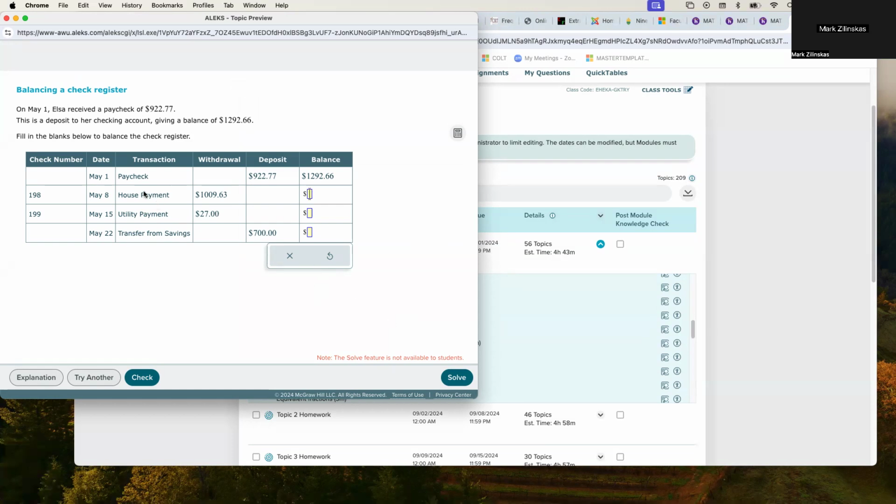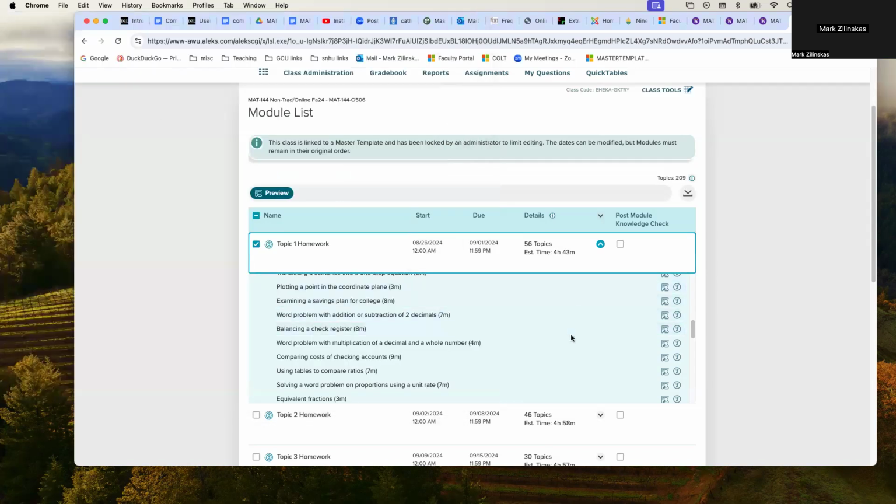But here again, withdrawals are money coming out, deposits are money going in. So if you have a balance of this much, you're going to subtract these two values. In the first one, if I just hit solve, you would take this number, subtract the 1,963 and get this value, subtract the 27 from that, get this value, and add 700 and get this value. So you get the idea there. It's going to be pretty simple.